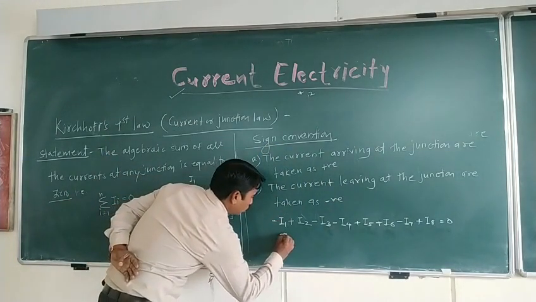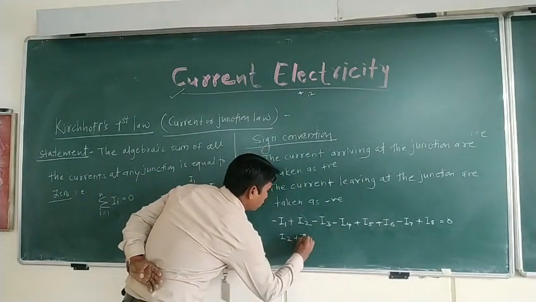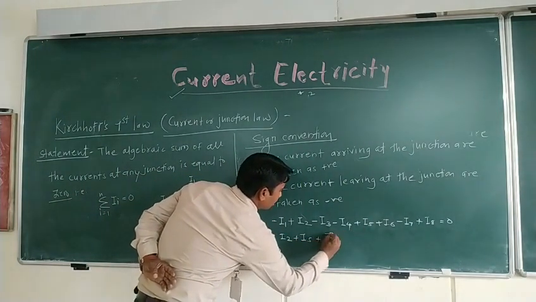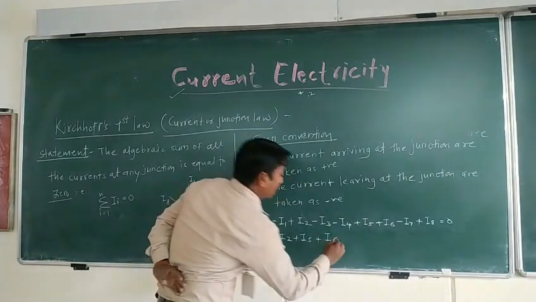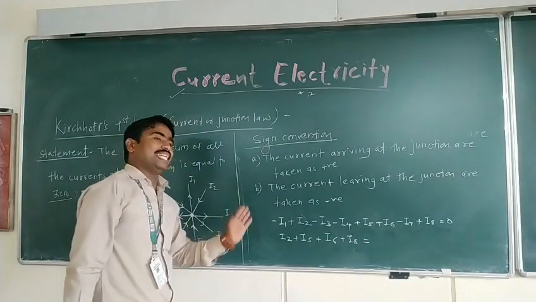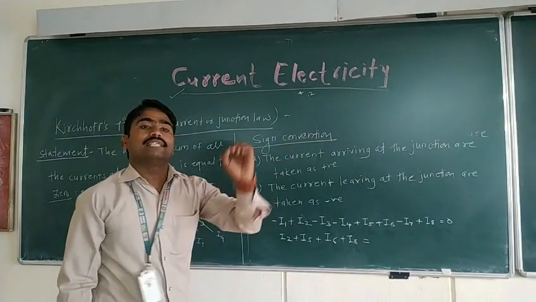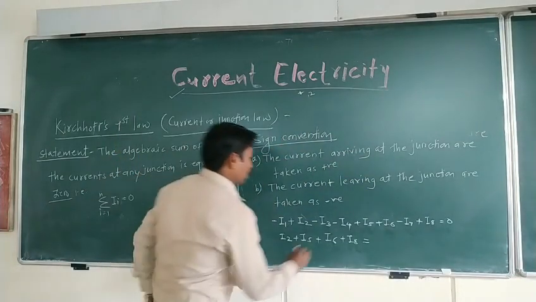First I2, then plus I5, then plus I6, then plus I8 is equal to, when negative currents move from one side to the other side, they become positive, right?